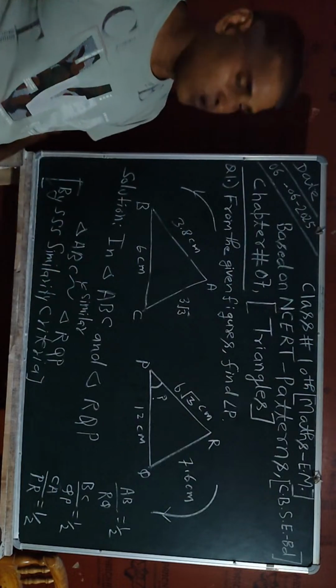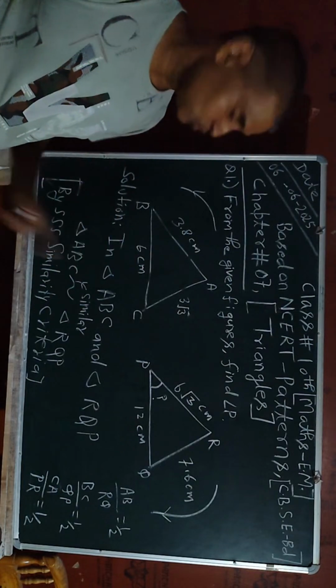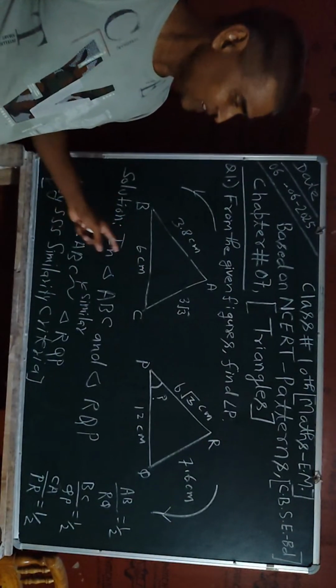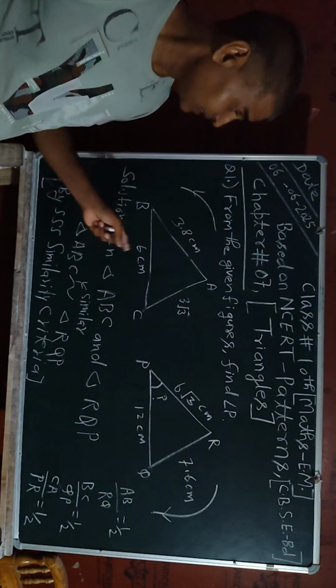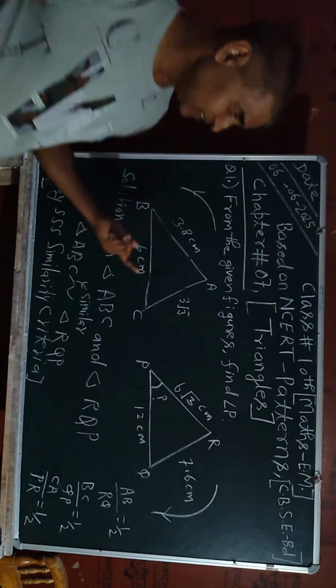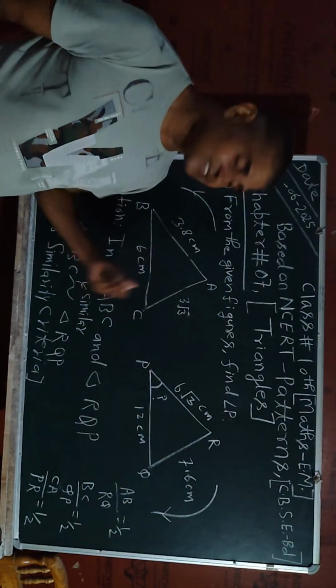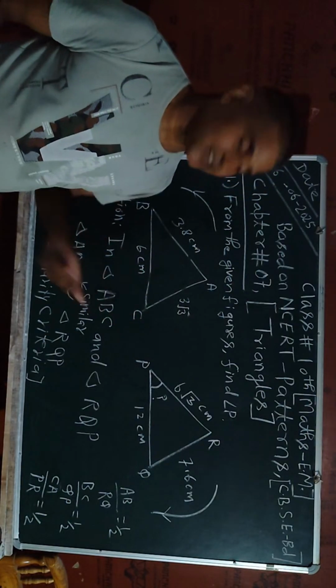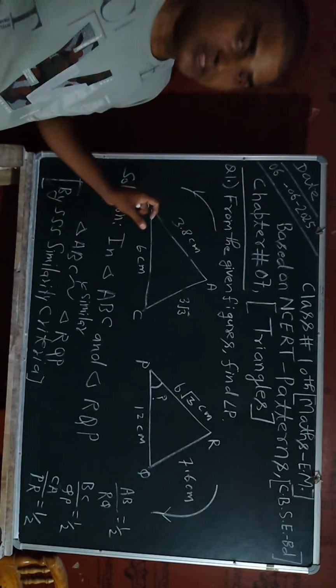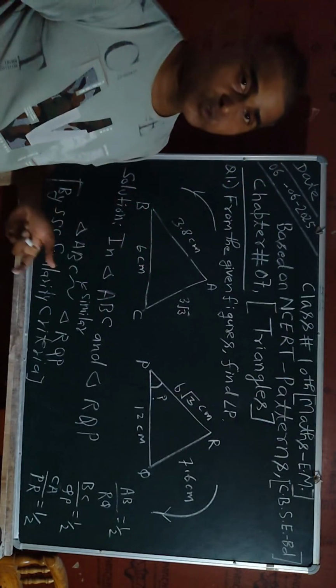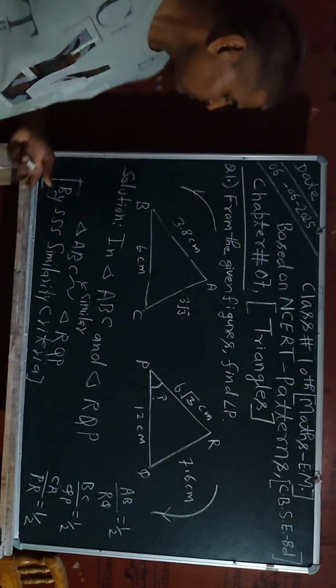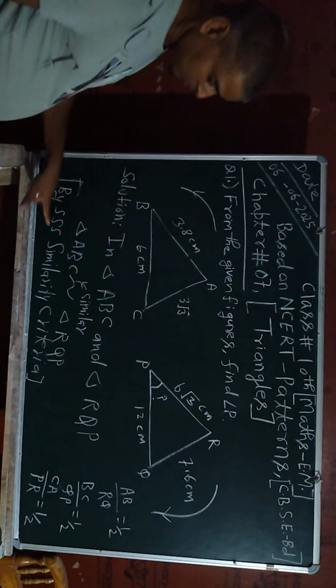If triangles are similar, we have to write what the criteria of similarity is. The similarity criteria can be angle, angle, angle, side, side, side, or side, angle, side. Okay, these are the important concepts we have to use for making two triangles similar. Okay, student. So this is okay.